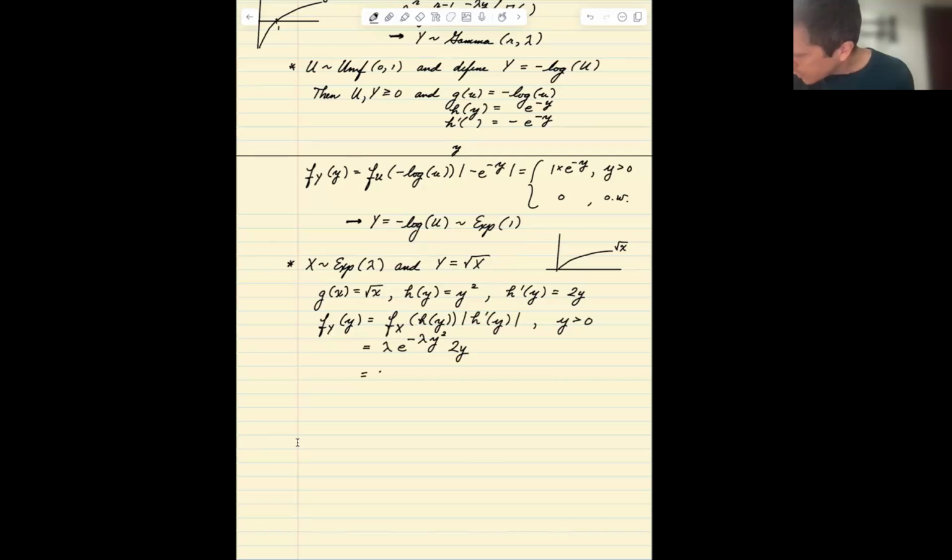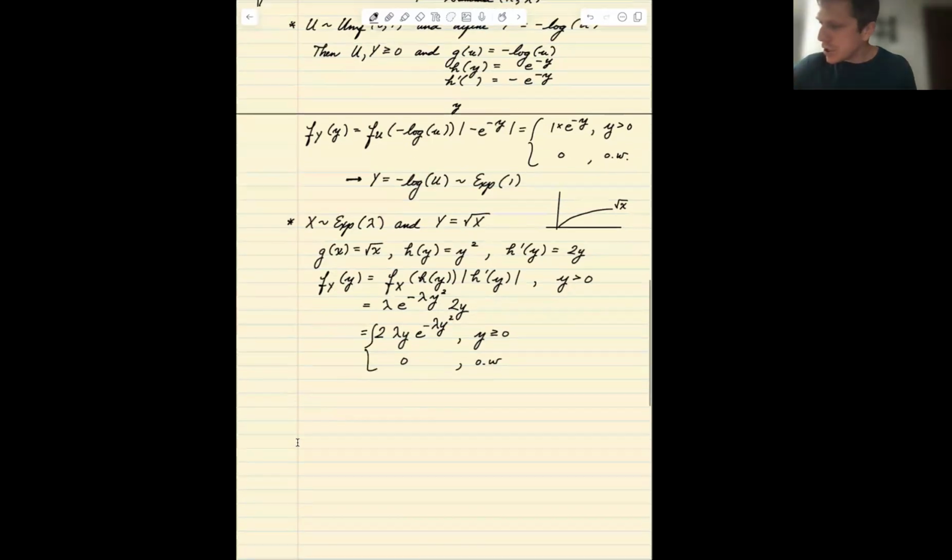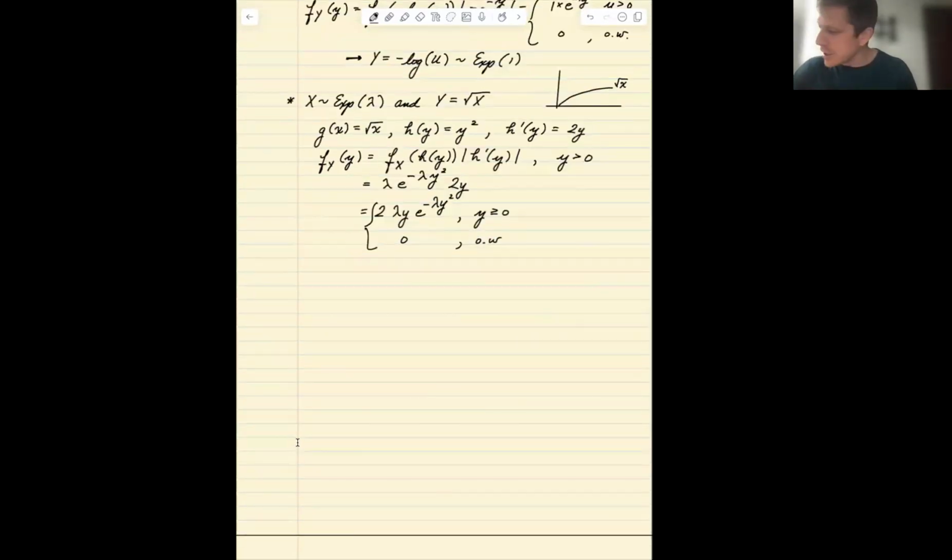So it's 2 lambda y e to the minus lambda y squared for y bigger than or equal to 0 and 0 otherwise. We saw this before, if you remember. This was the Rayleigh distribution.